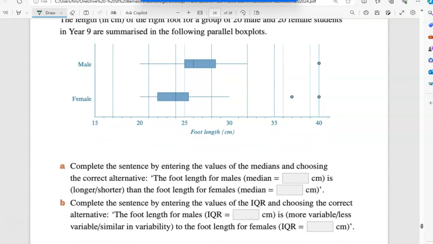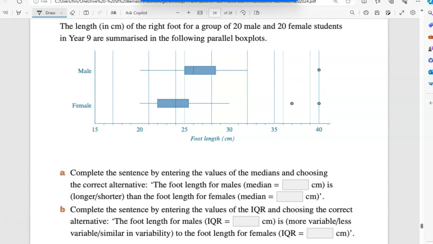So here's a way just to practice. They're warming you up, because you'll have to write a whole summary statement when we ask you to compare. This one is just helping you learn how to do that. It says complete the sentence by entering the values of the medians and choosing the correct alternative, which is the correct comparing word. It says the foot length for males with the median. What's the median for males? It looks like 26, so we'd pop 26 in there.